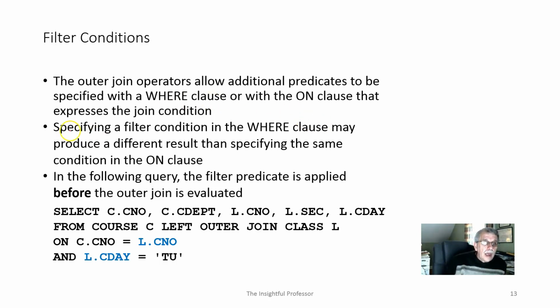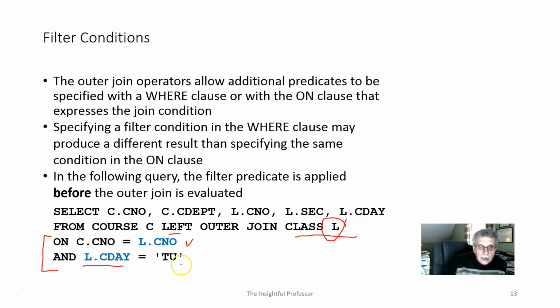The outer join allows the filter either in the where or the on clause, but the semantics are going to be different because there's a difference in the timing as to when the filter is applied. So in this query here, we're saying course left outer join class. Class is over here as the right table, and we're doing a left outer join. And notice we're using the correlation variable of L. So we're saying, here's the join condition. That's straightforward. But then also, as an extension of the on clause, we say, let's do a filter on the right table.